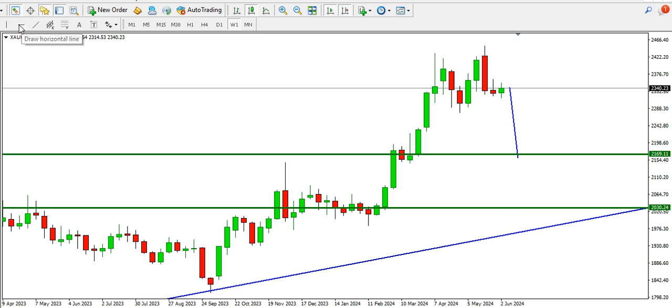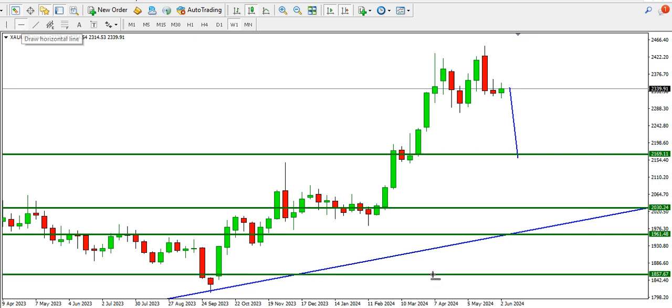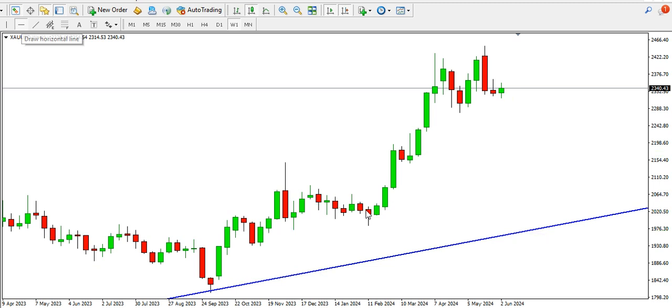We also have some buyers around here. That's 1961, and then we have some buyers around this point and this point, which is the 1852 level. But the overall direction on the weekly time frame remains bullish.